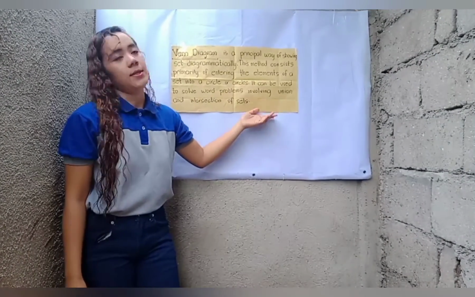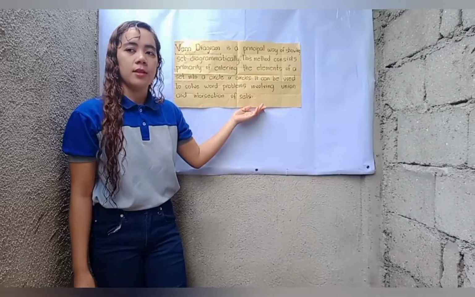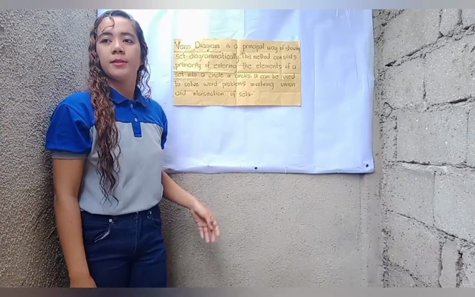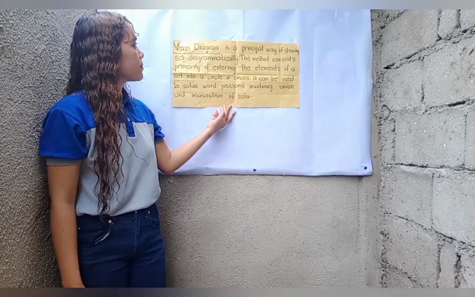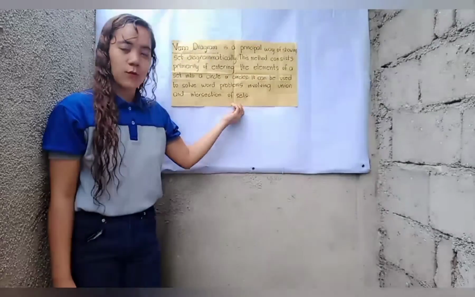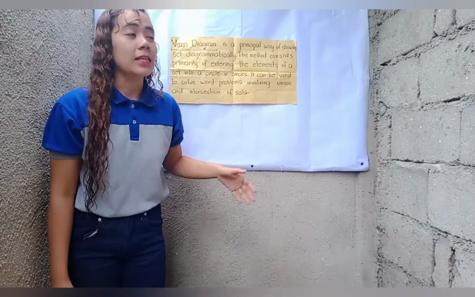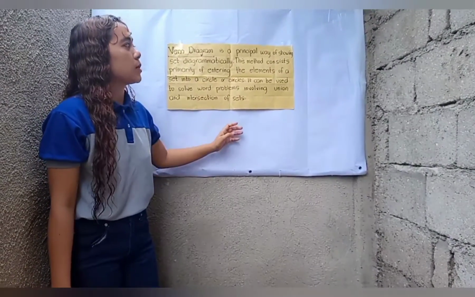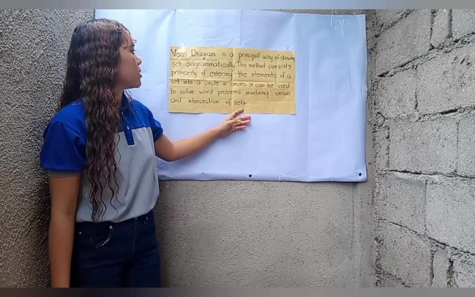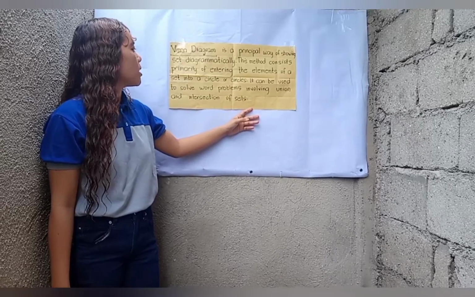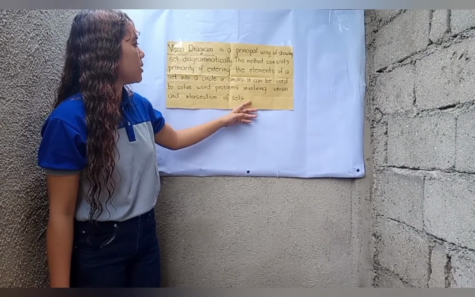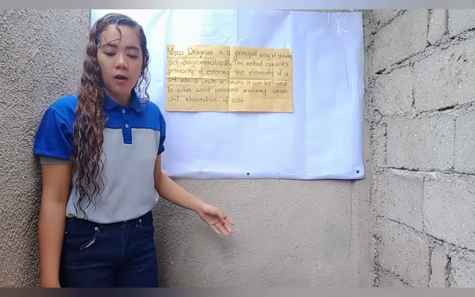Who among in this class can read this definition about Venn diagram? Okay, thank you. Allow teacher to read it loudly. Venn diagram is a principal way of showing set diagrammatically. This method consists primarily of entering the elements of a set into a circle or circles. It can be used to solve word problems involving union and intersections of sets.